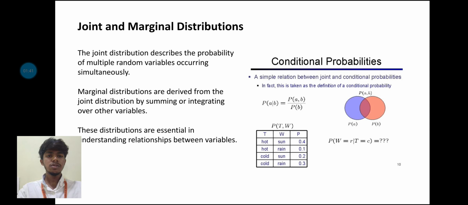These distributions are essential in understanding the relationships between variables and conditional probabilities. A simple relation between joint and conditional probabilities. In fact, this is taken as conditional probability.